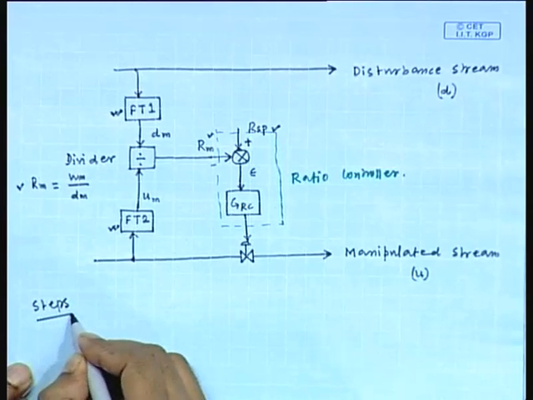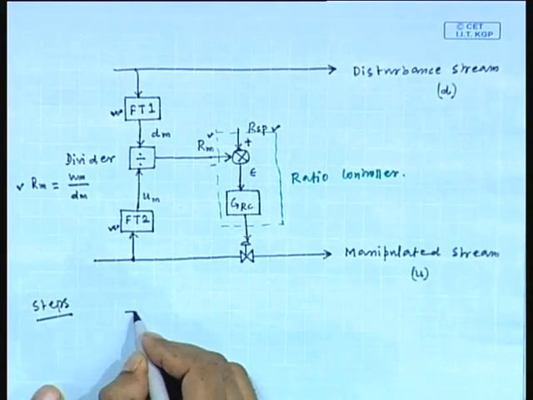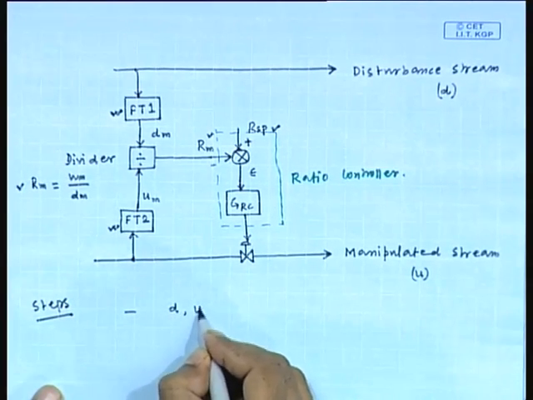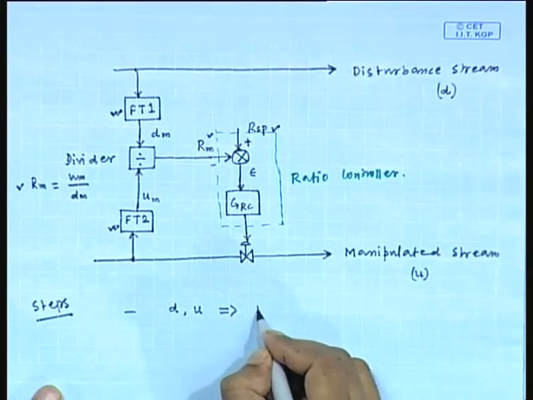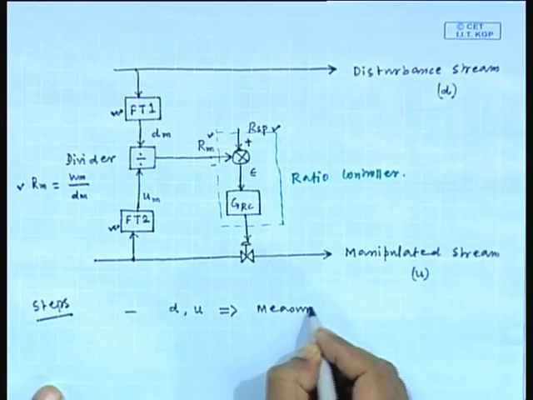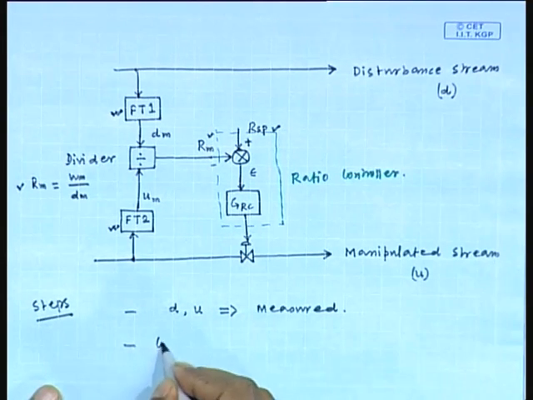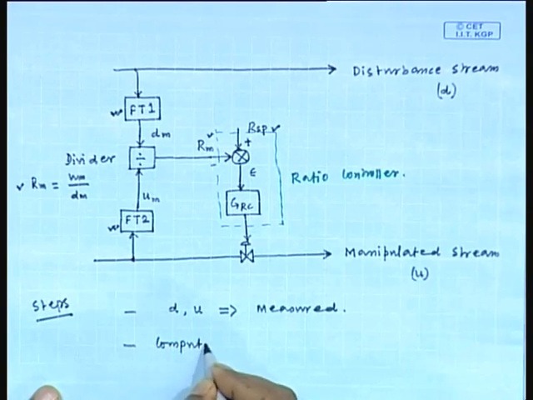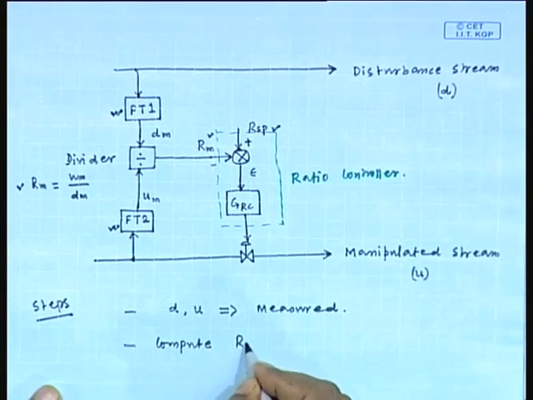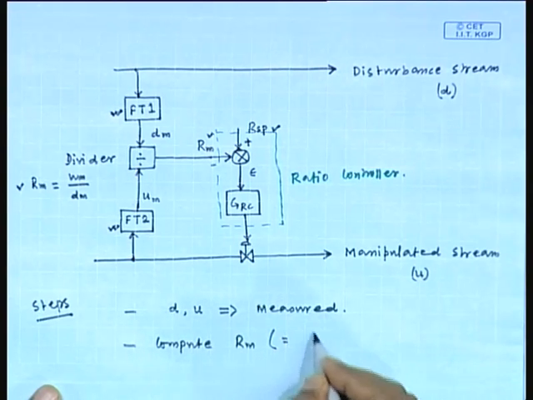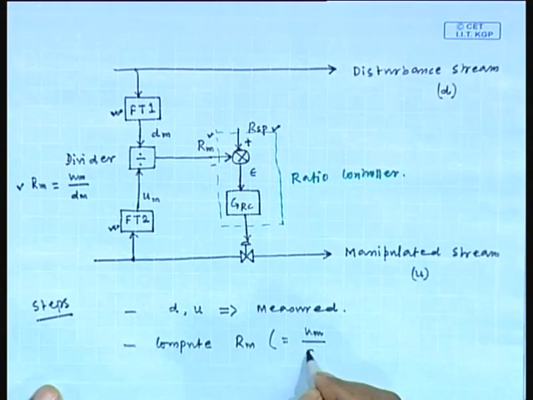So, I am repeating the steps again. Both the flow rates D and U are measured. Then compute the measured ratio Rm, which is equal to U divided by Dm.